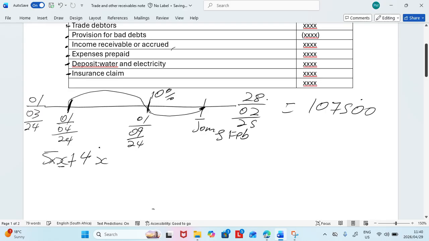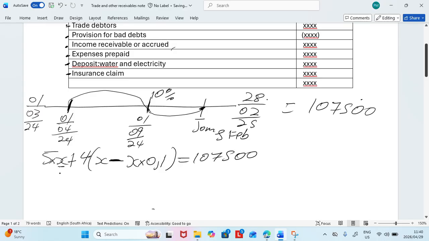For X, we're receiving X amount of rent, but we know that X was reduced by what? 10% of X, so X times 0.1, not 4%, guys. Rent was decreased by 10%, which is 0.1.